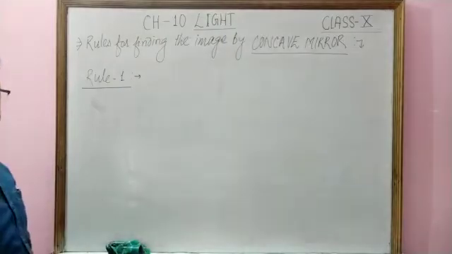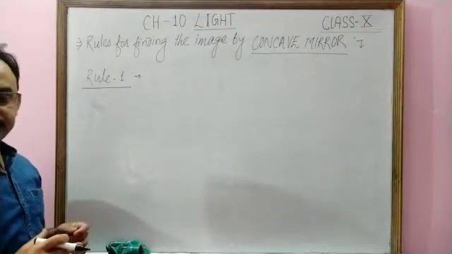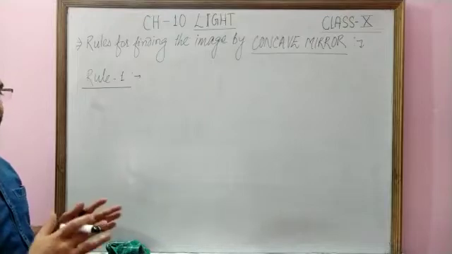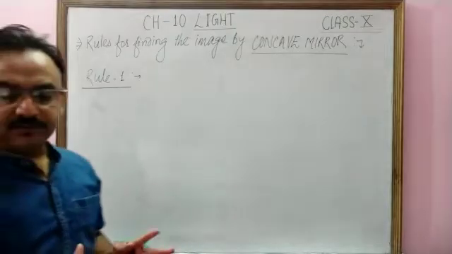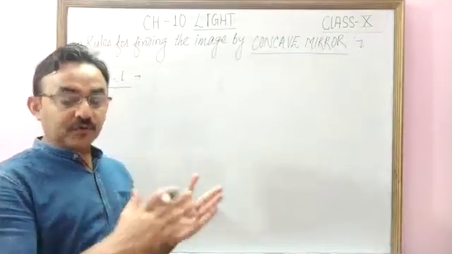As per first rule here, if incident ray is parallel to the principal axis, then a reflected ray passes through the focus.